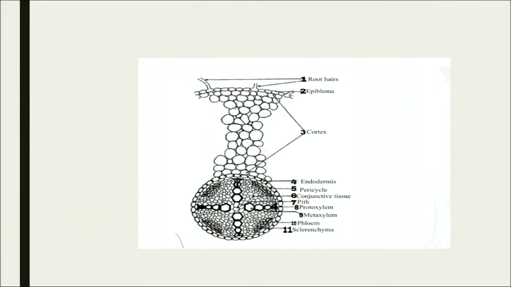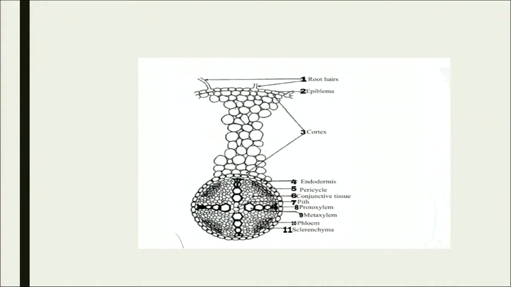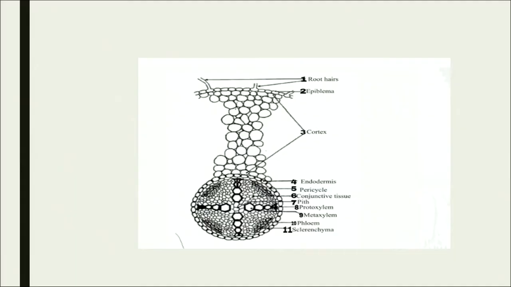So this is how these two tissues, xylem and phloem, perform the function of movement of water and food material, which is in the form of starch or glucose, which is synthesized in the green part of the plant, but the movement has to happen through all the plant body up to the roots. So now we have to understand what kind of tissues xylem and phloem are. Can you see the label in the diagram?